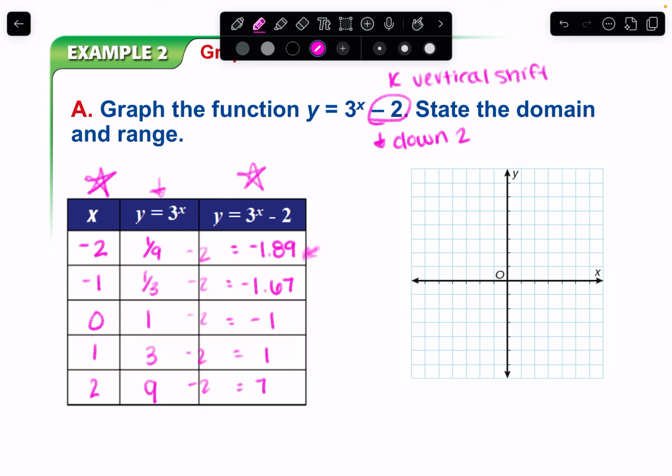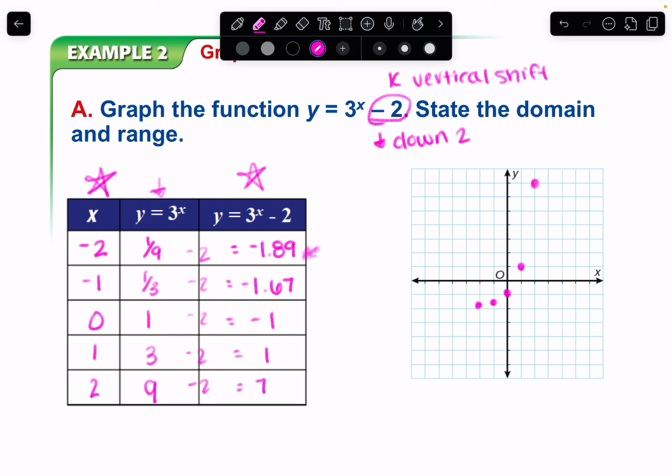So graphing this first point, I'm going to go over to -2 and then down to -1.89, then -1, -1.67, then 0, -1, 1, 1, and then 2, 7.